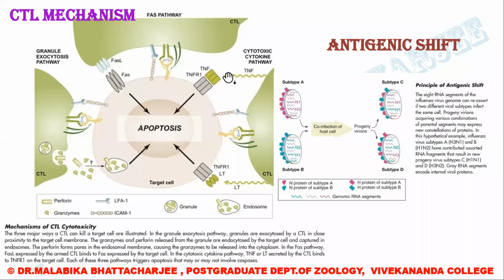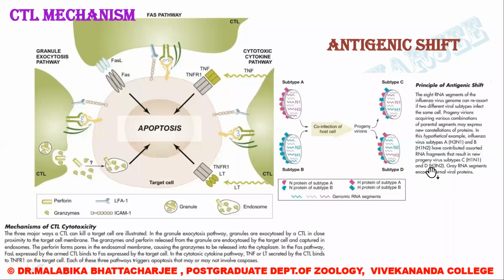Both TNF alpha and lymphotoxin can bind with the tumor necrosis factor receptor 1. The tumor necrosis factor receptor 1 also signals via the death receptor pathway, bringing about apoptosis. So the main mode of killing the target cell by an armed cytotoxic T lymphocyte is apoptosis.